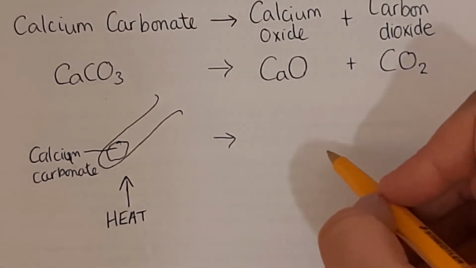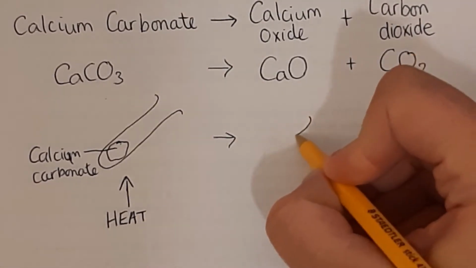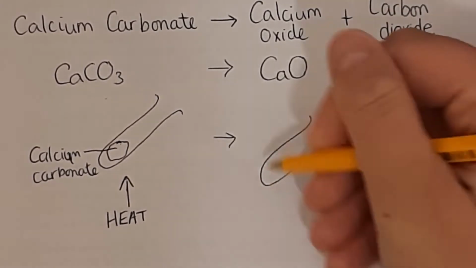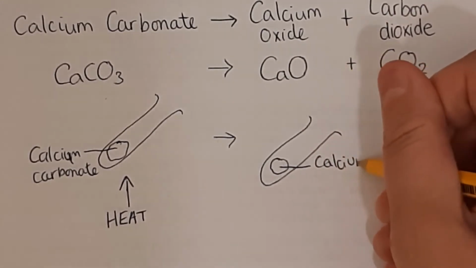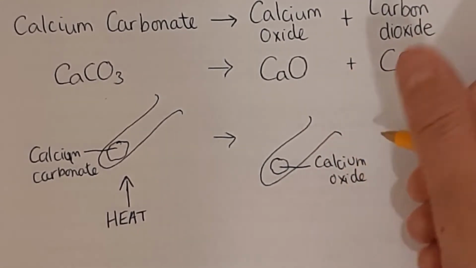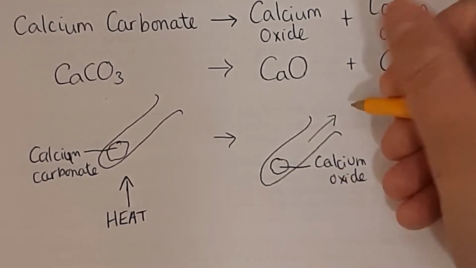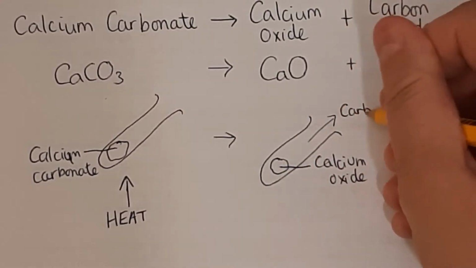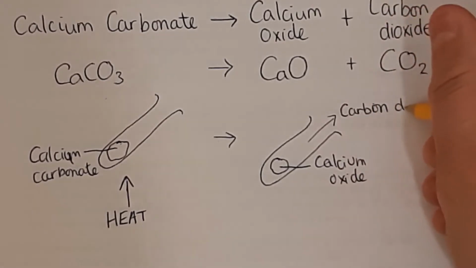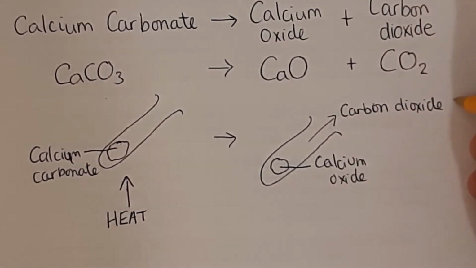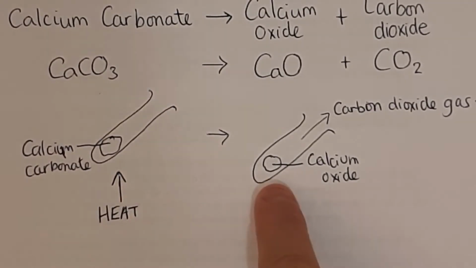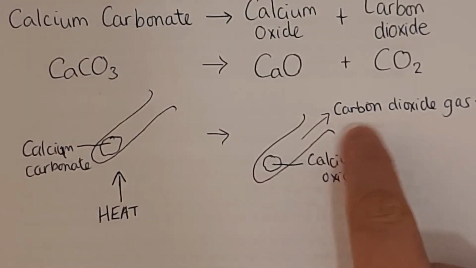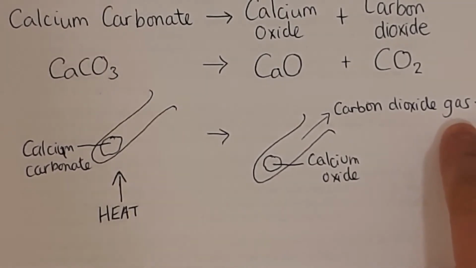And the problem's going to be that the calcium carbonate will have turned into calcium oxide. So we now have some calcium oxide. And what will have come out of the top here is carbon dioxide, because it is a gas. Okay, so we've got our solid calcium carbonate, we heat it, we are left with solid calcium oxide and carbon dioxide gas, which has escaped.